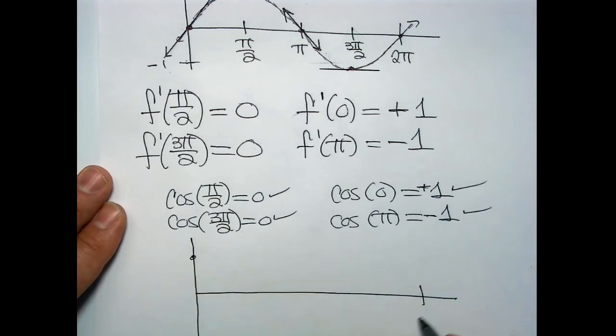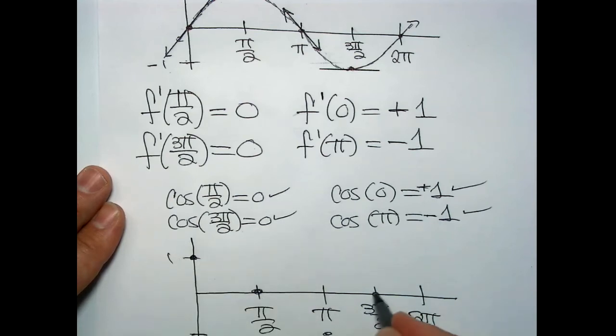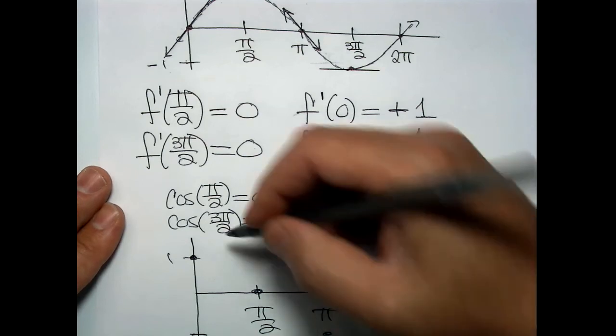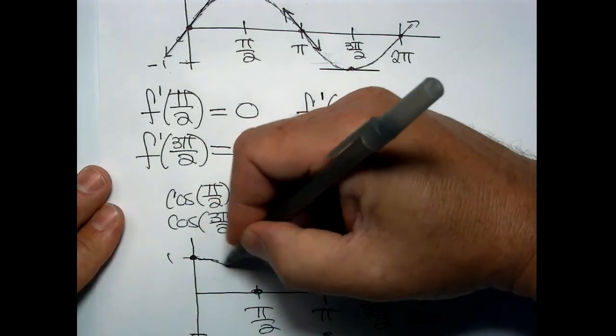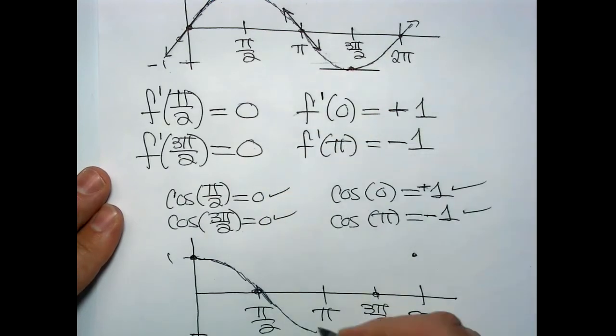So let me break this up again to pi over 2, 3 pi over 2. And the cosine curve loves to start at 1, go to 0, down to negative 1, back to 0, and back up to 1. And don't draw that as a triangle curve. Really try to make that a nice smooth curve by sketching it in like that.